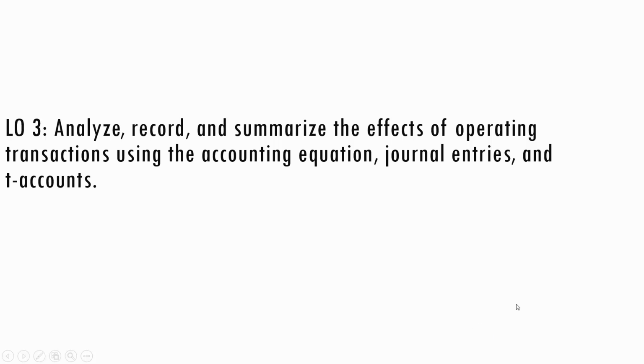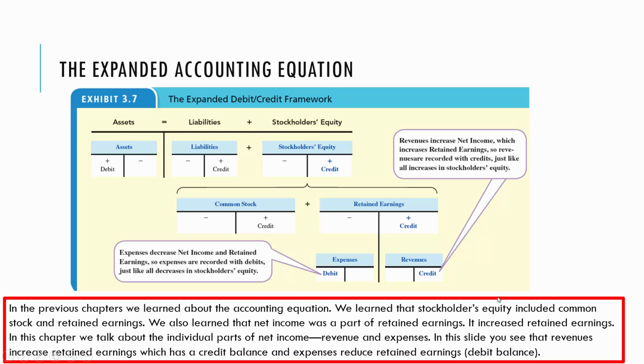Where we're going to start off is analyzing, recording, and summarizing the effects of operations. The first thing that's a little confusing to students once we start talking about stockholders' equity is that when we look down here at revenues and expenses, we see that revenues normally have a credit balance and expenses have a debit balance. What we are saying here is that these income statement items, revenues and expenses, are really a part of the equity section.